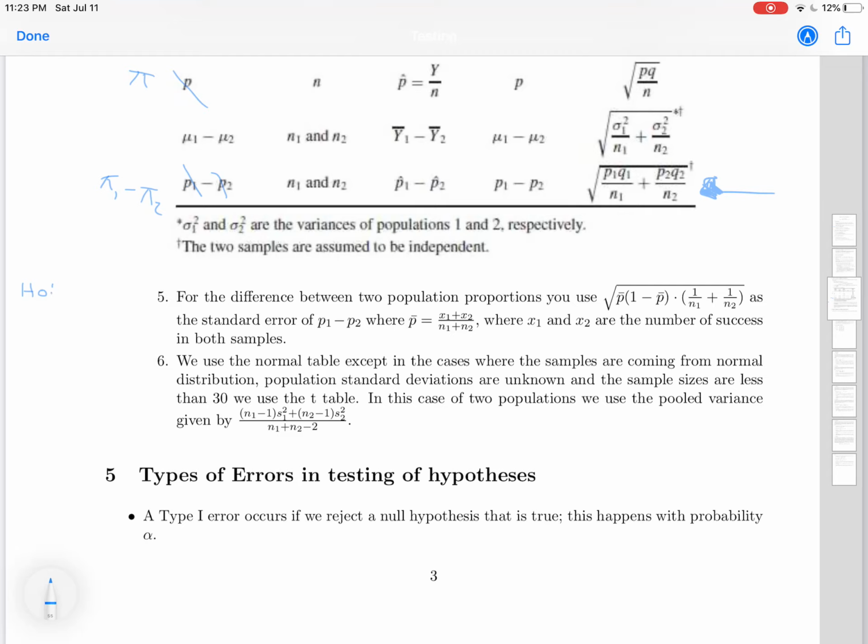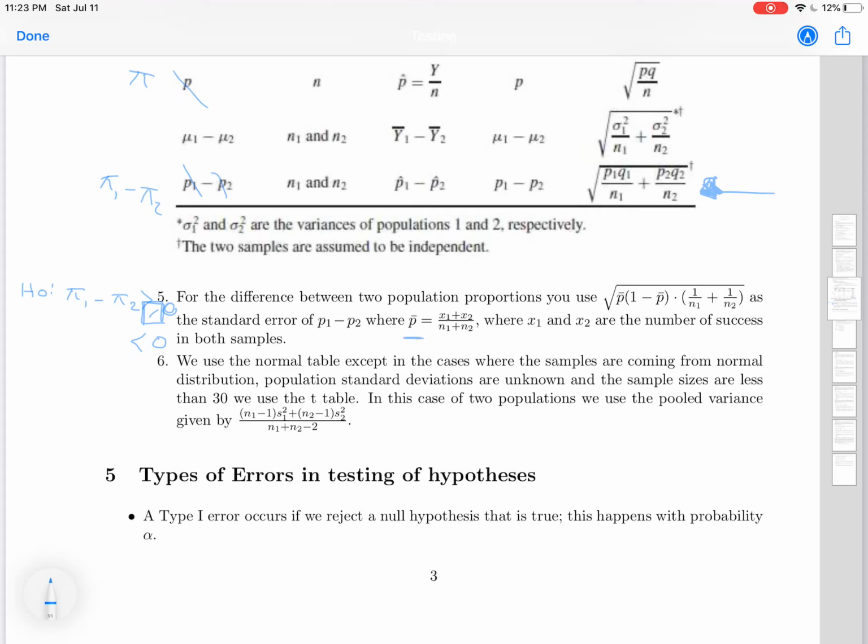But when we are talking about pi1 and pi2, I'm not going to use this standard error. I'm going to talk about another standard error we're going to use later. This is the one we're going to use, because usually when we are talking about the difference between two population proportions, we write our H0 sometimes like this: pi1 minus pi2 is greater than or equal to 0 against, for example, less than 0.